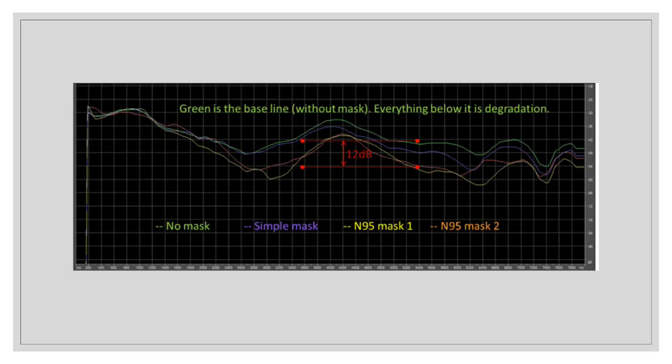Now this is a picture which we have seen in the previous video. This is the graphical representation of the research done earlier, which shows that the frequencies that get affected are between 2 kilohertz and 7 kilohertz. So anything we need to do is with these frequencies, 2 to 7,000 hertz.